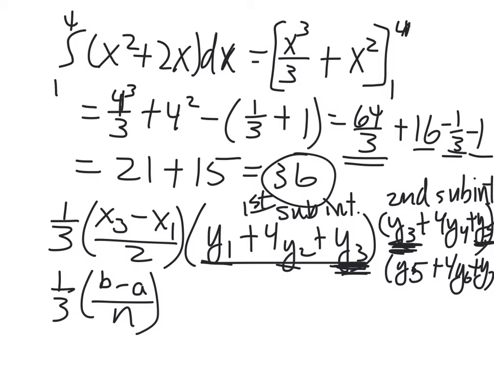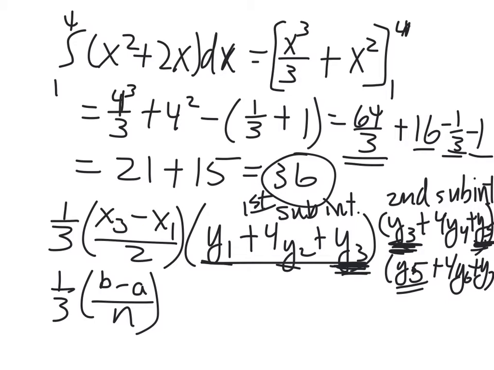Y sub 3 shows up again in the second subinterval. Then the third subinterval, well, y sub 5 is the last part of the second subinterval, and then the first part of the third subinterval. So the endpoints of each one of the subintervals is going to be used twice.